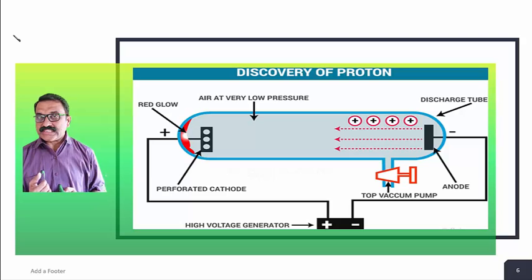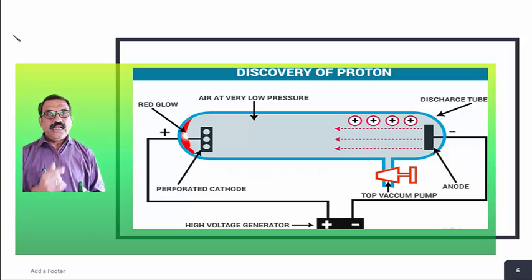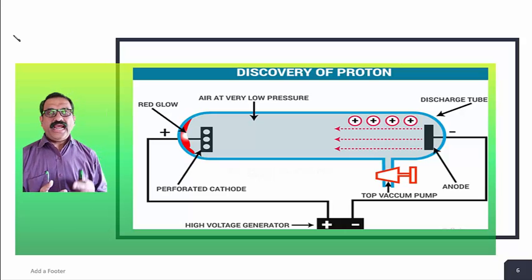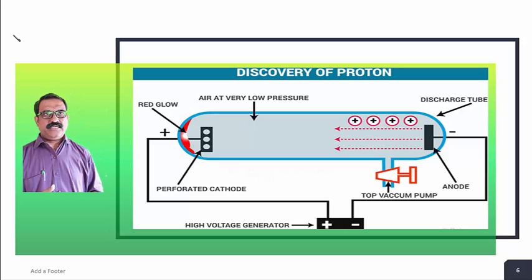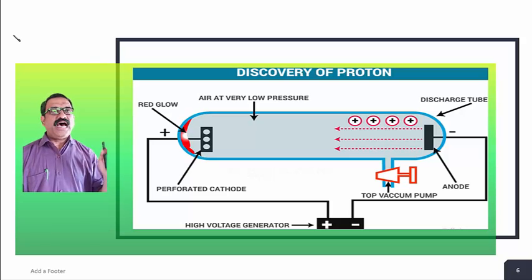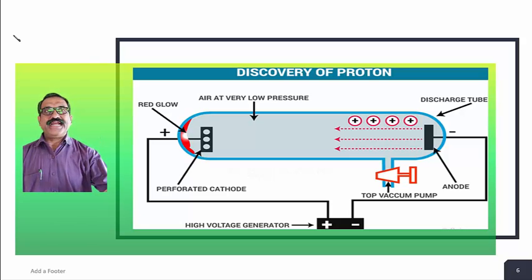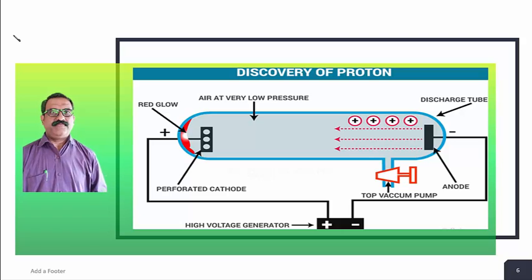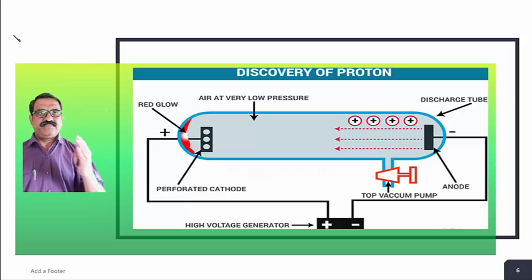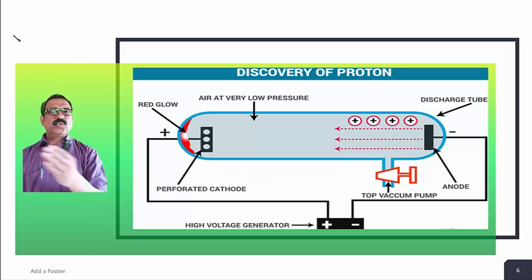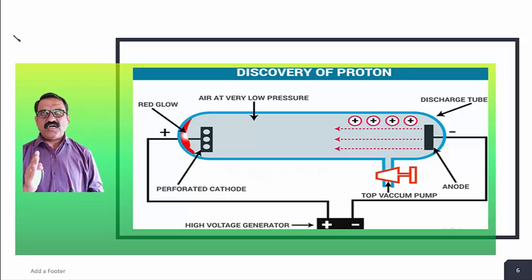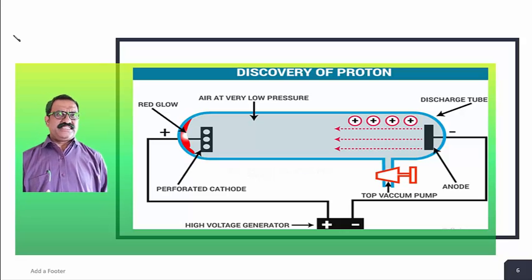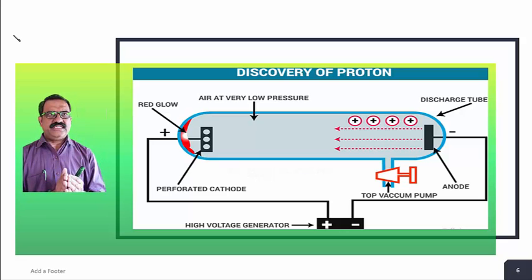At high voltage and low pressure, some rays are emitted from the negatively charged cathode and travel towards the positively charged anode. These positively charged rays are known as protons.